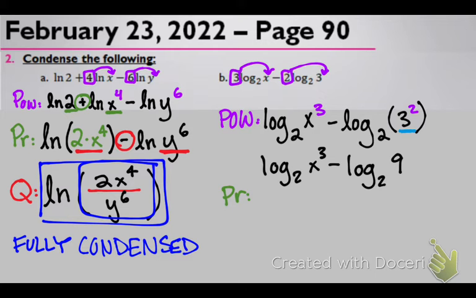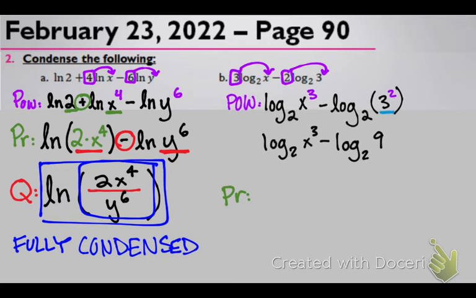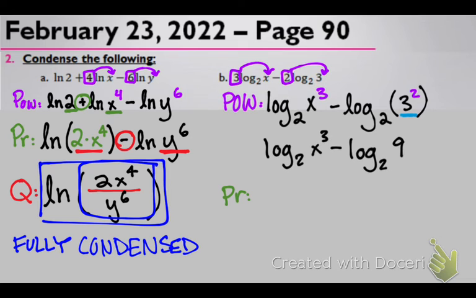What symbol do I look for in my product step? Addition. Do I see addition in that last line? No, I don't. So there's no product rule. There's no addition.